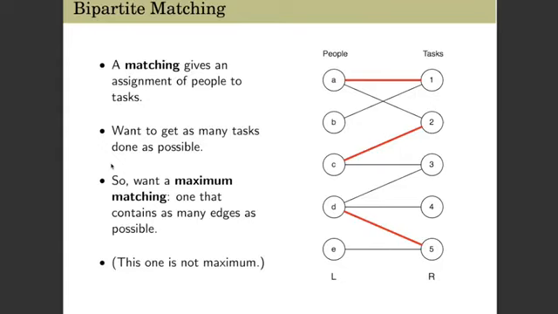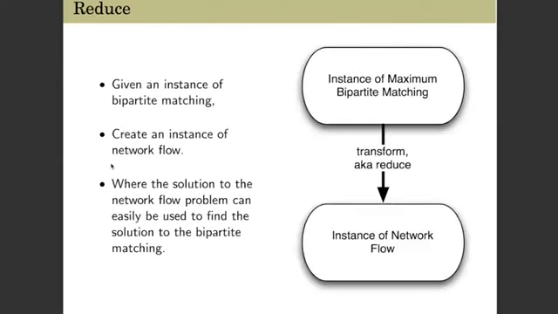So the problem that we're going to study in this video is how do we get maximum matching in a bipartite graph. To do that, we are going to use an instance of network flow, where the solution to the network flow problem can be used to find the solution to the bipartite matching.